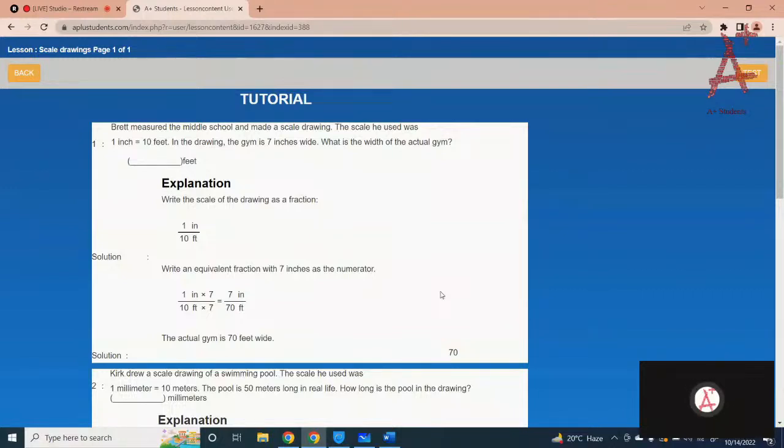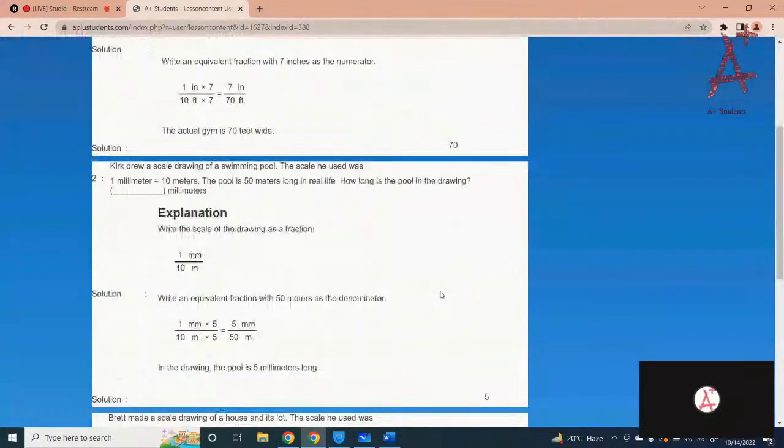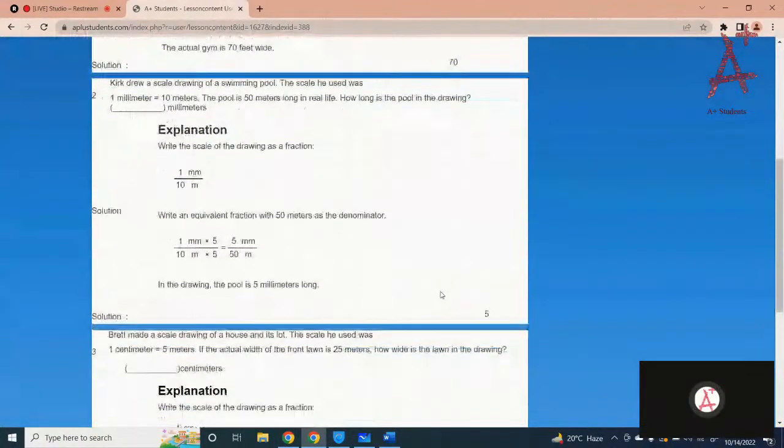Okay, the next one is: Crick drew a scale drawing of a swimming pool. The scale he used was 1 millimeter to 10 meters. The pool is 50 meters long in real life.